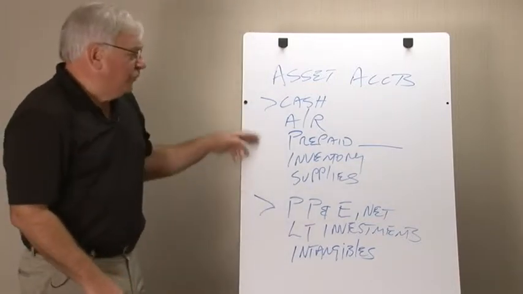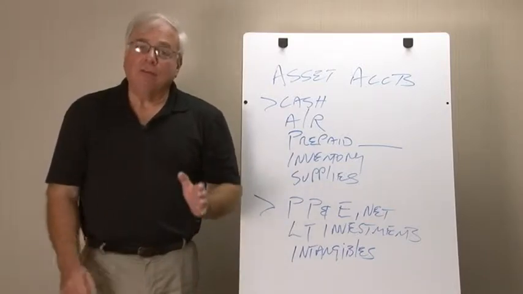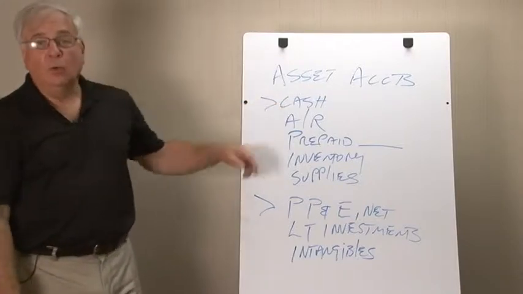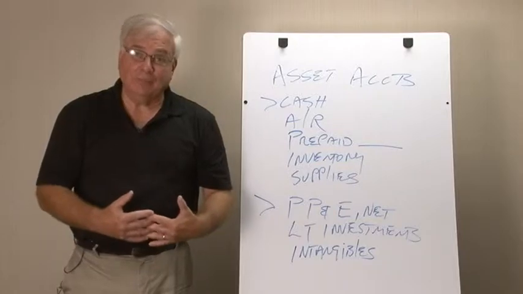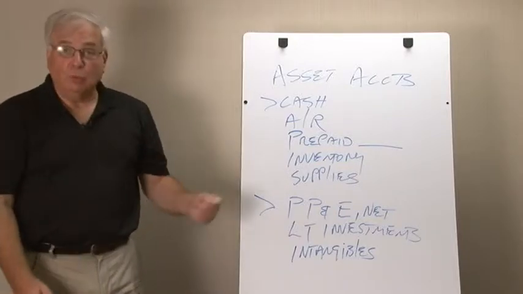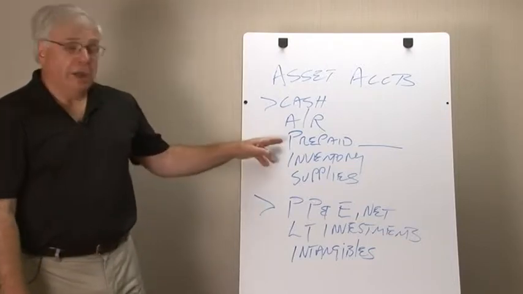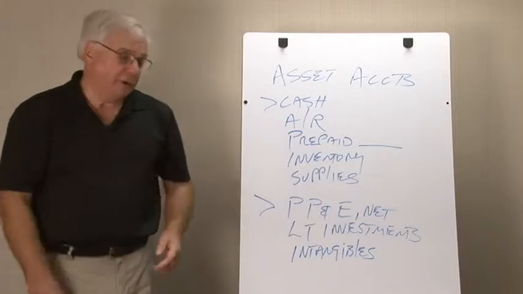Now, the ones I have listed at the top here are what are called current assets. That designation is used because they're either cash already or we expect them to become cash within a year from the balance sheet date. So accounts receivable will become cash when a customer pays us. Any kind of prepaid insurance, as you know, the part we didn't use yet is still considered an asset.